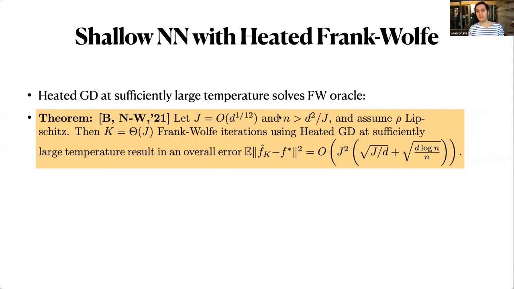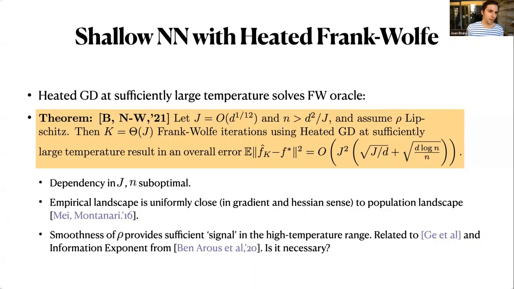But the point is that the overall conclusion is that if you plug this oracle into your Frank-Wolfe estimation, you can recover the true function with polynomial time and polynomial sample complexity. There are a number of things that we are not happy about in this result. First is that this dependency is horrible. It's really not optimal. We believe that we can go to actually D, which is the same kind of result that other papers have.